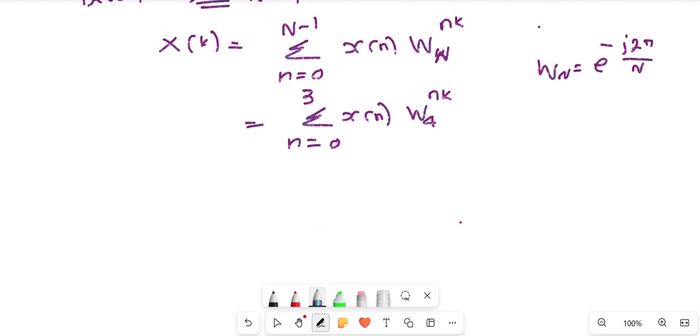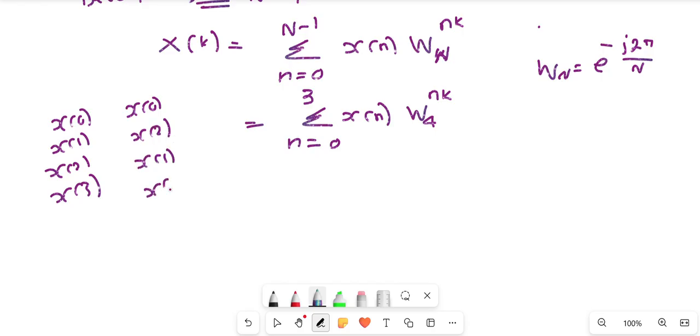So you split this equation into odd and even terms. So x of 0, x of 1, x of 2, x of 3, splitting the equation into x of 0, x of 2 and x of 1 and x of 3.